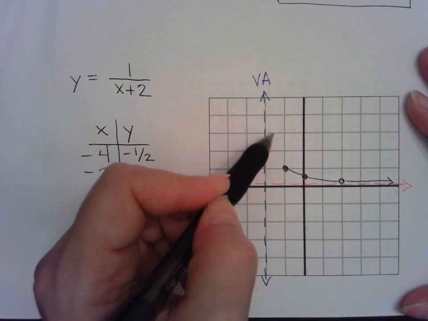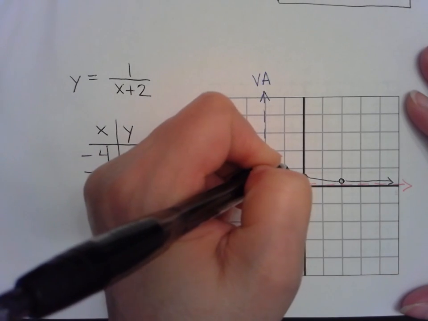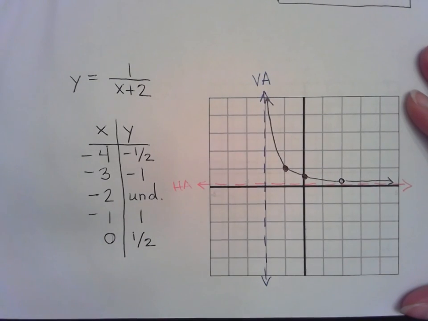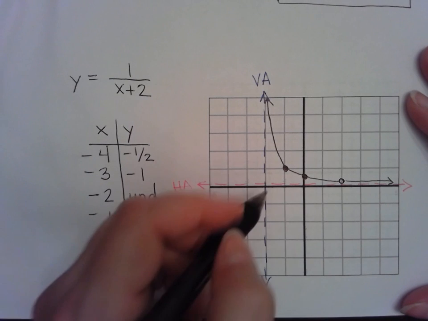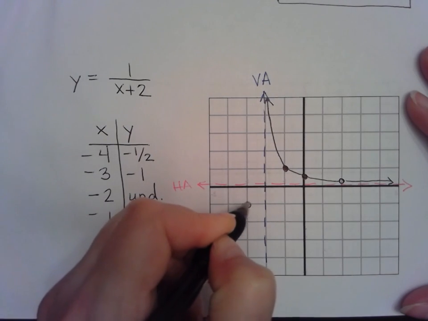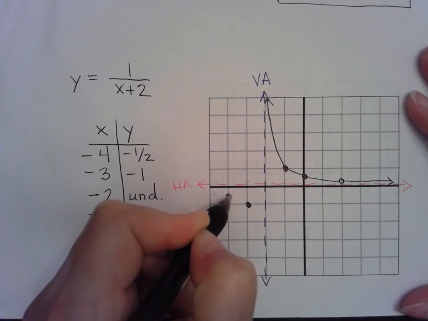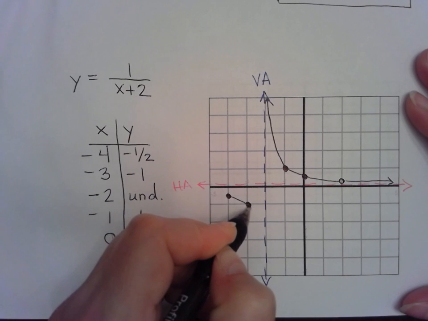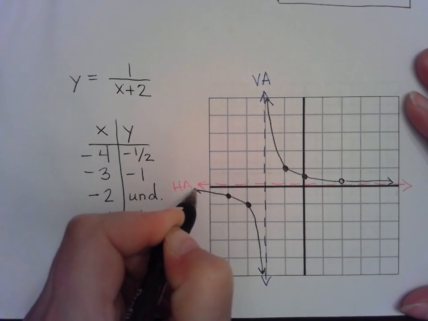And as I get closer to -2, it's going to shoot up to positive infinity and get infinitely close to the vertical asymptote. All right, on the left-hand side, I have a point at -3, -1, and -4, -1/2. Same thing, it's going to approach the vertical asymptote in the middle and the horizontal asymptote at the end.